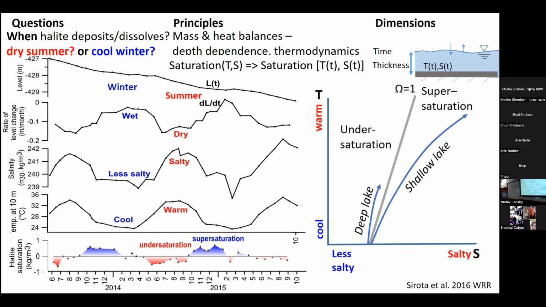The reason is the thickness of the water column. In deep water, in the deep lake, compared to the shallow lake, we start in the winter at the same position, but as we warm up the water, in the deep lake, we go along this trajectory.